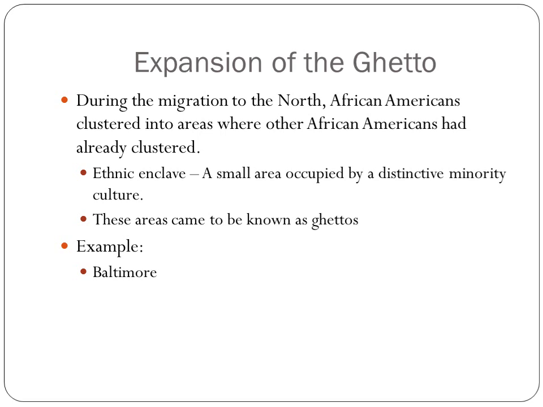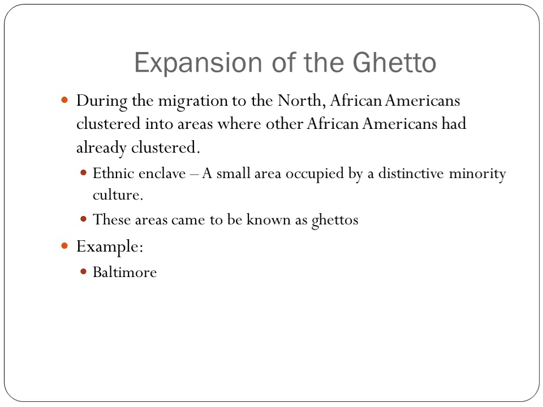And this is a great example of chain migration. We pointed that out during our migration unit, that people are going to move where people of the same ethnicity or nationality had previously moved. And so what this creates are ethnic enclaves. Again, an ethnic enclave, it's one of our definitions for this chapter, a small area occupied by a distinctive minority culture. In this case, African American culture.